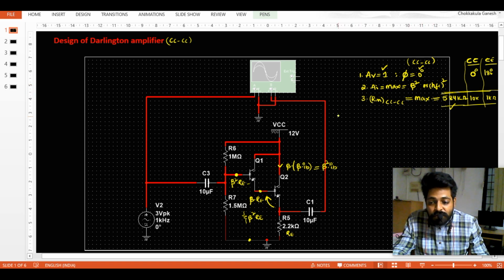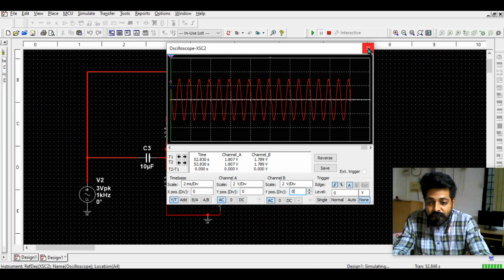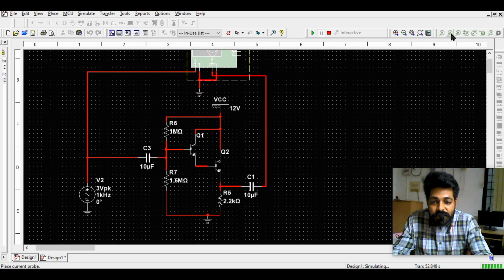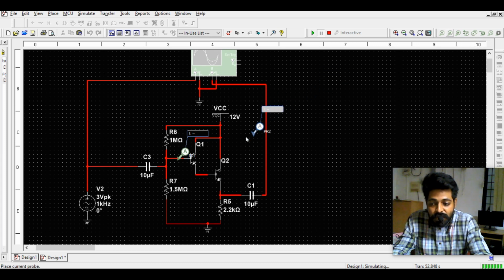Now we'll go with another calculation, the current gain. To calculate the current gain, I'll keep an ammeter at the input and an ammeter at the output. This is my input branch and this is my output branch.